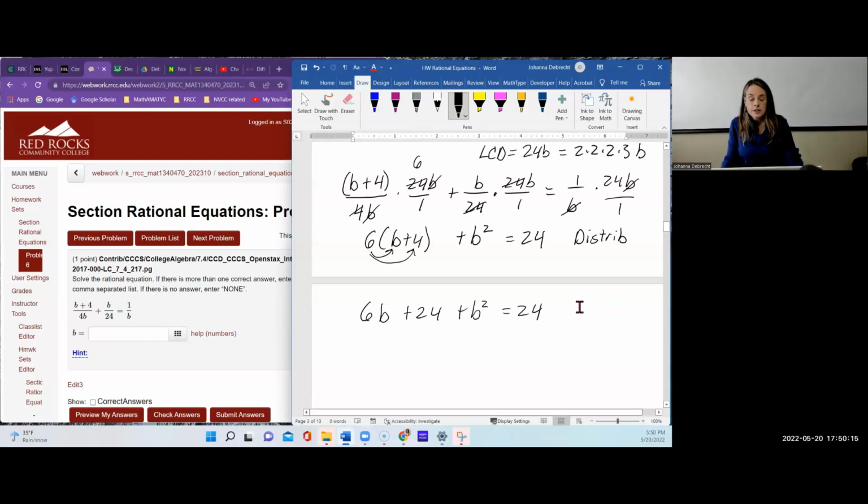The next thing I need to do is get my like terms together. I have a constant on the left and a constant on the right. I'm going to reorder so that b squared is at the front like it normally is, and then I'm going to move the constants together.